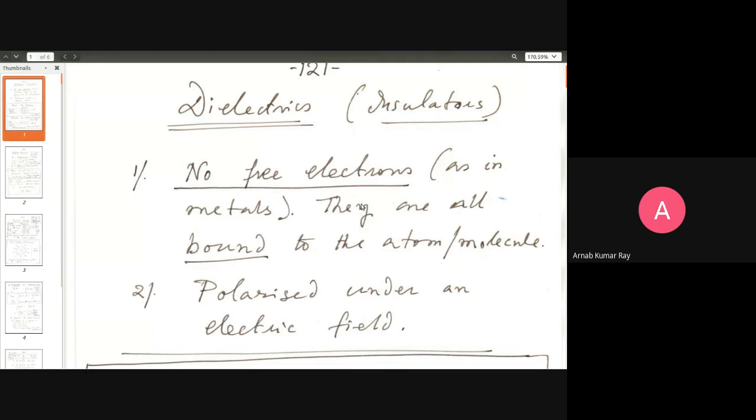Unlike in the case of a good metallic conductor, where the electrons can move around freely within the frame of the metallic crystal lattice. Once again, I stress the freedom is qualified: they can't move out of the metal block. They can move freely within the metal lattice, but not out of it.